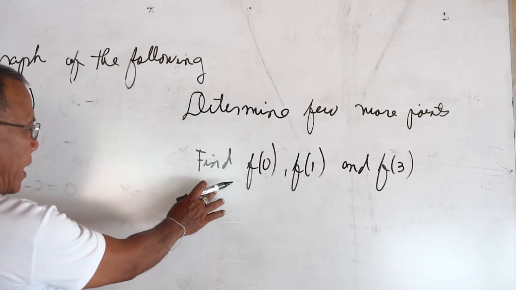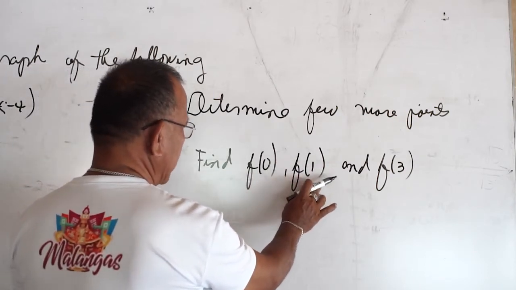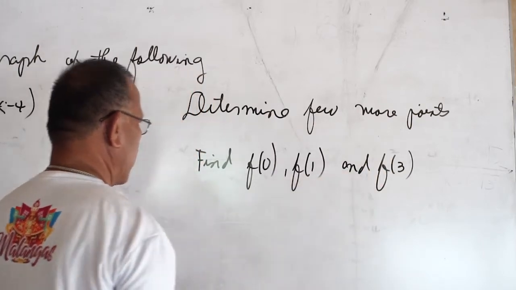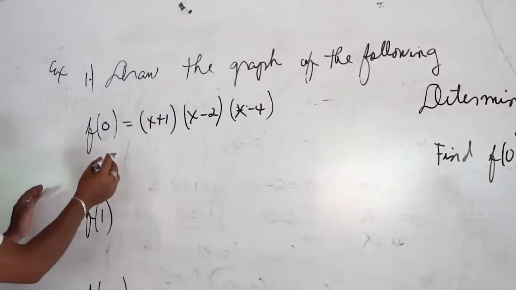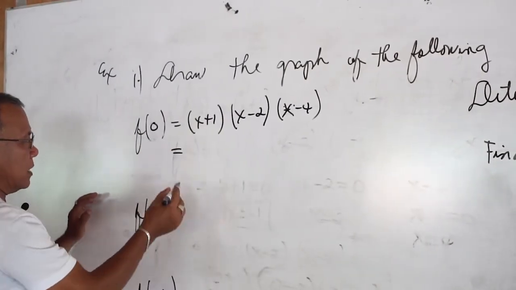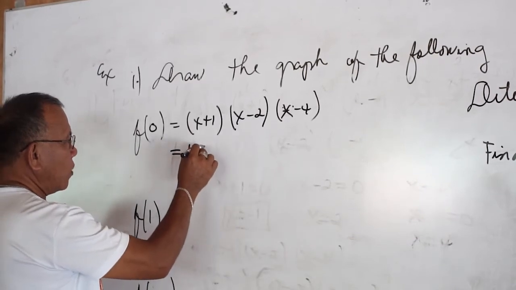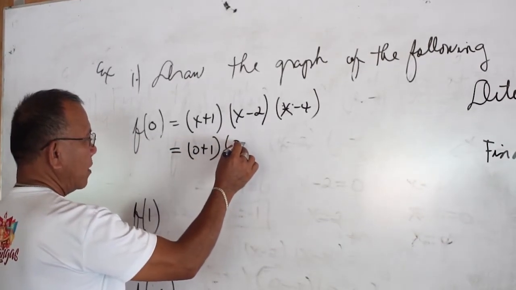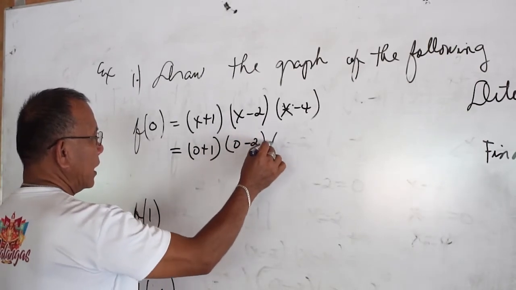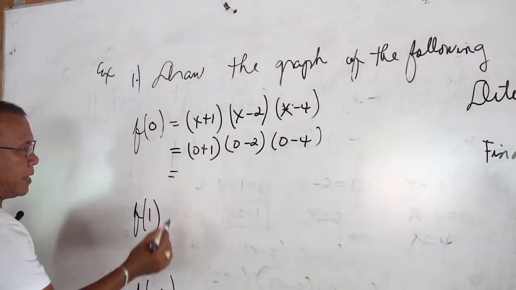Then we have to find f of 0, f of 1, and f of 3. So we have here the solution. f of 0 is equal to 0 plus 1, then 0 minus 2, then 0 minus 4. Then simplify.